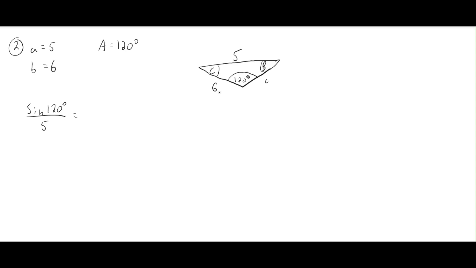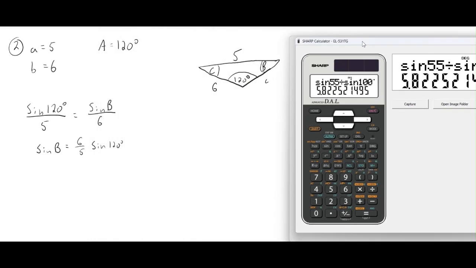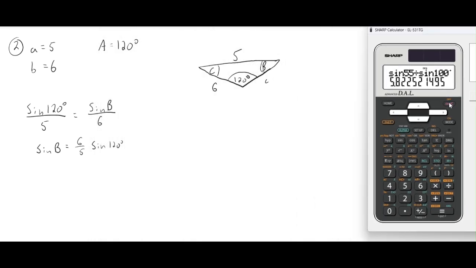And then once you have the angle C, you can find the side length C. Okay, so sine B divided by 6. So sine B will be 6 over 5 times sine 120 degrees. Six divided by 5 times sine 120.